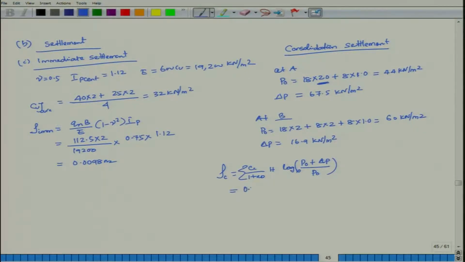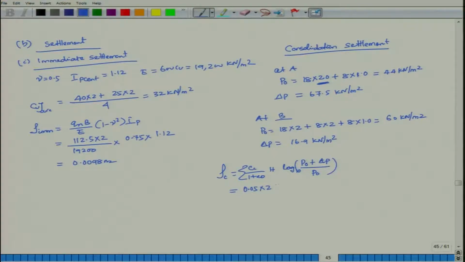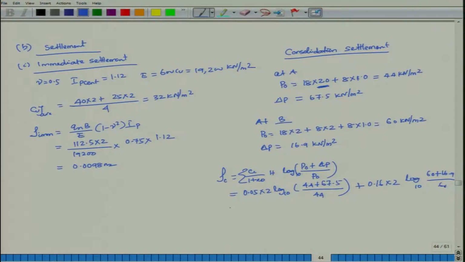So, it will be 0.05 into 2, then log 10 of 44 plus 67.5 by 44, plus 0.16 into 2 log 10 of 60 plus 16.9 divided by 60, which is equal to 0.075.